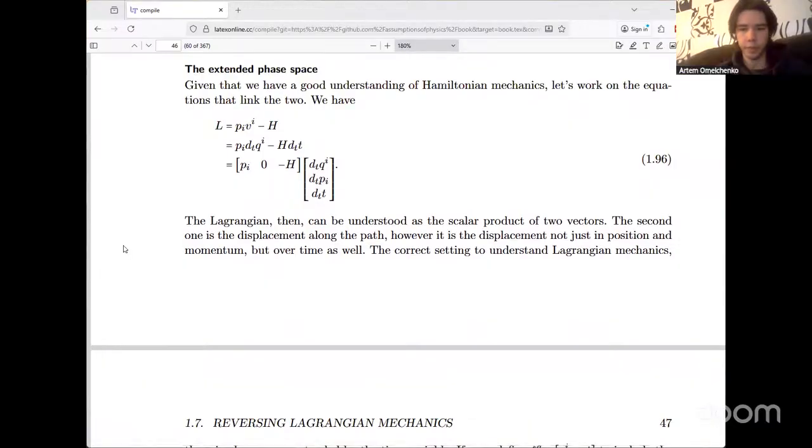The extended phase space. Given that we have a good understanding of Hamiltonian mechanics, let's work on the equations that link the two.